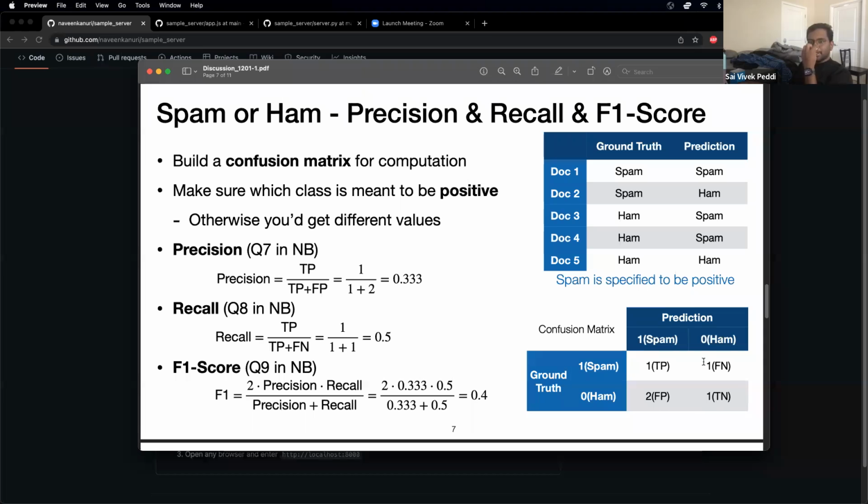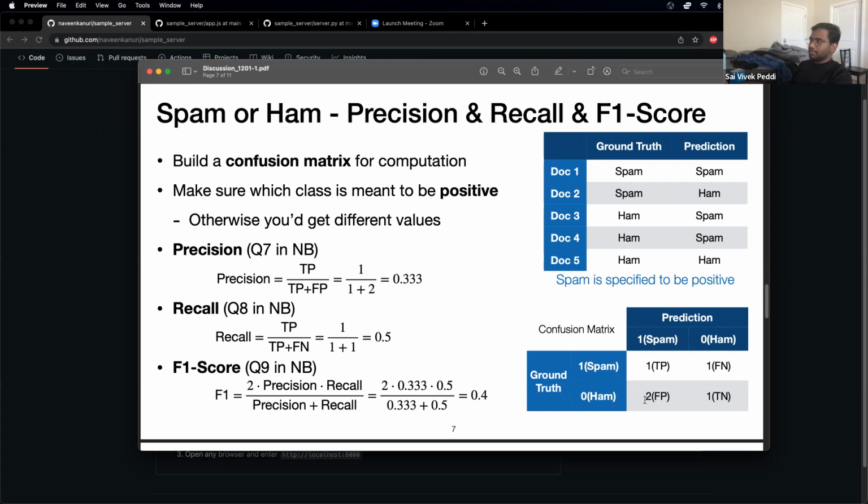Once you have filled out this confusion matrix table, you can figure out the precision, recall, and F1 score. These are pretty standard formulas. I don't think you have to memorize them, they will be given in the cheat sheet. But precision is true positives divided by true positives plus false positives.